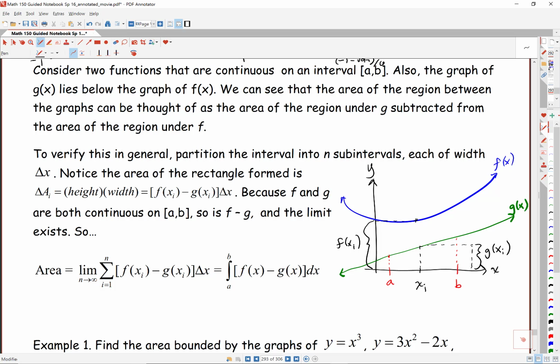Now over here, you have to think of this as being magnified, but this is called the representative rectangle.